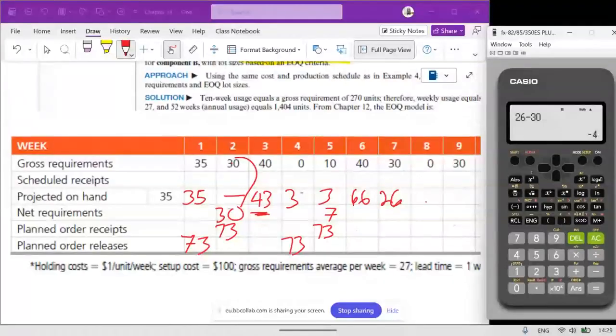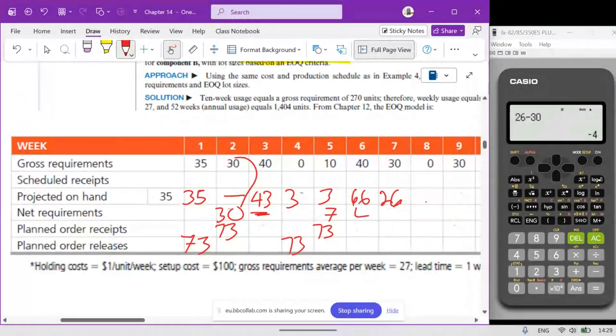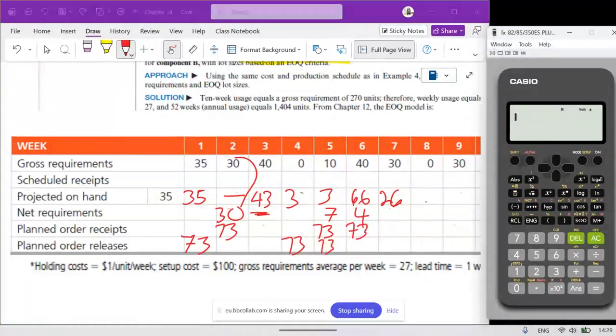So we need to order 4. But we know that we're not allowed to order 4. We have a constant value that we order, which is 73. 73 minus... something's wrong.